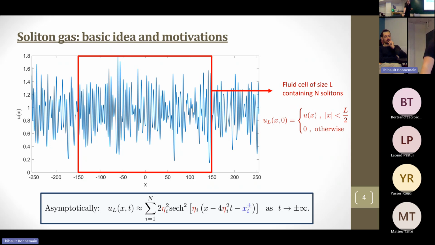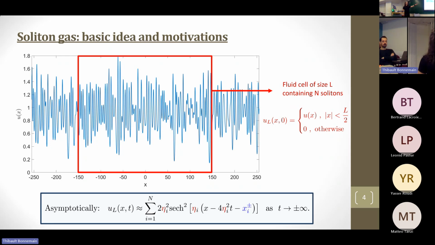Okay. And here, as you can see, every soliton in my fluid cell is indexed by 2 parameters. The first one, eta, is the spectral parameter. So it characterizes the amplitude and the velocity of my soliton. It's constant in time. No two solitons can have the same eta. And the other one is called the impact parameter, this x plus minus here, and it represents the position the soliton would have had at time 0 if it did not interact with the others.